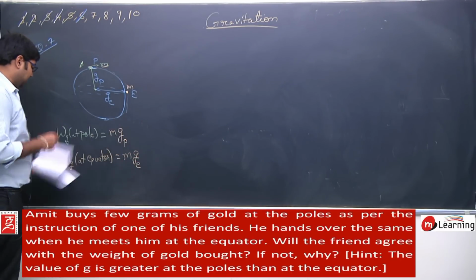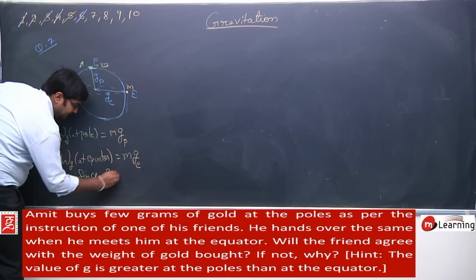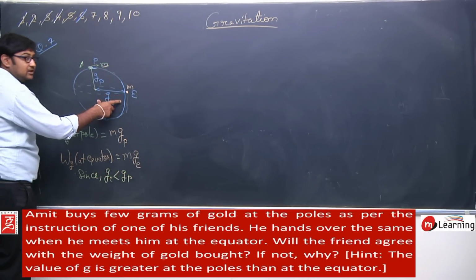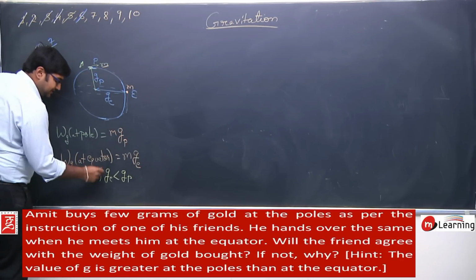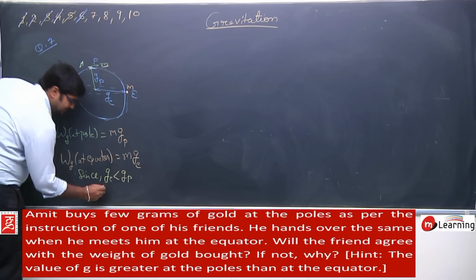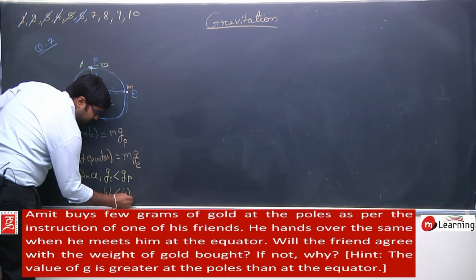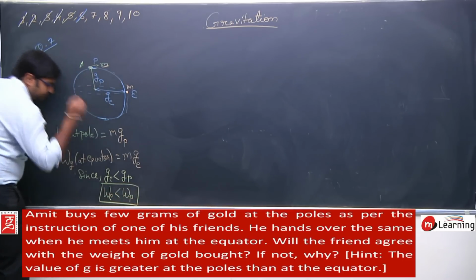So what we can see is, since Ge is less than Gp, the gravitational acceleration at the equator is less than the gravitational acceleration at the poles. So the weight of gold at the equator would be less than the weight of gold at the pole.